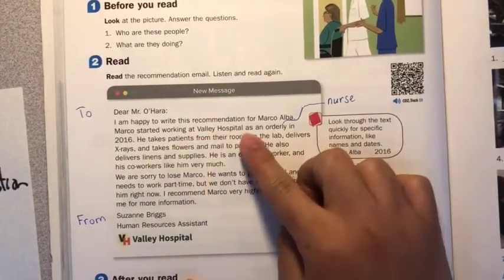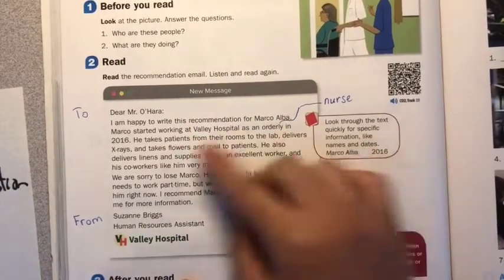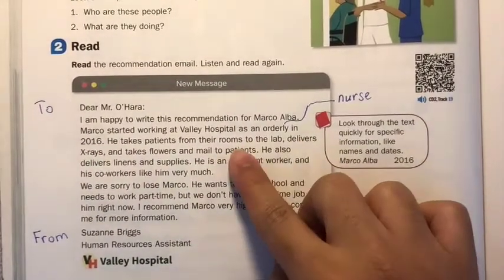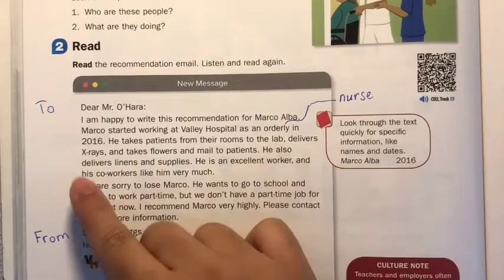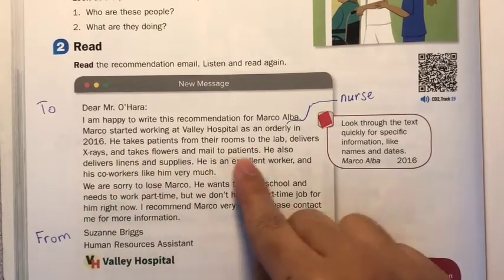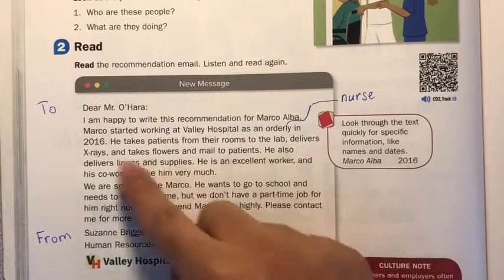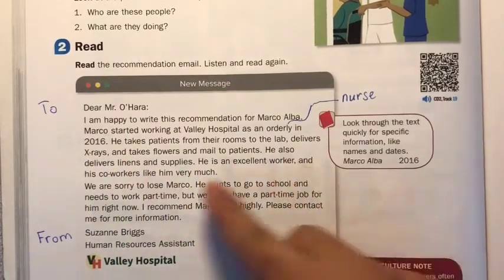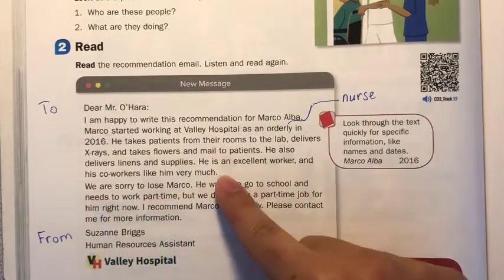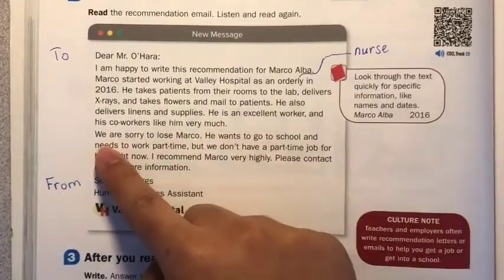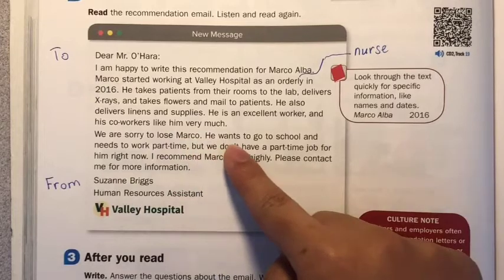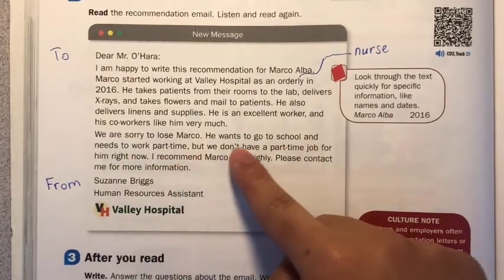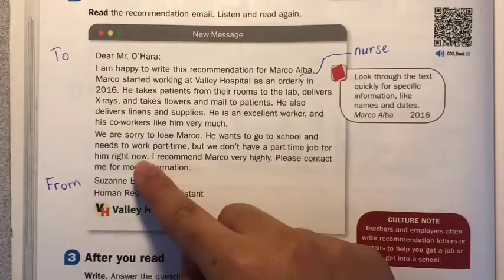Marco started working at Valley Hospital as an orderly in 2016. He takes patients from their rooms to the lab, delivers x-rays, and takes flowers and mail to the patients. He also delivers linens and supplies. He is an excellent worker and his co-workers like him very much. We are sorry to lose Marco. He wants to go to school and needs to work part-time, but we don't have a part-time job for him right now.